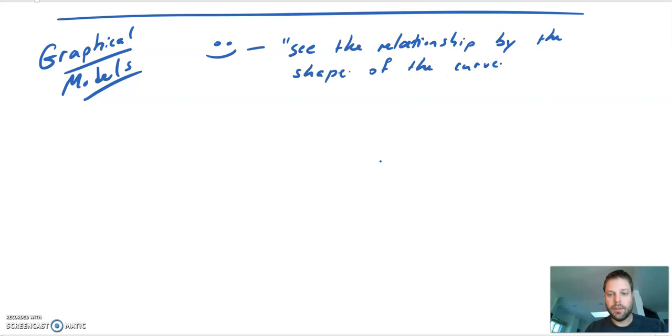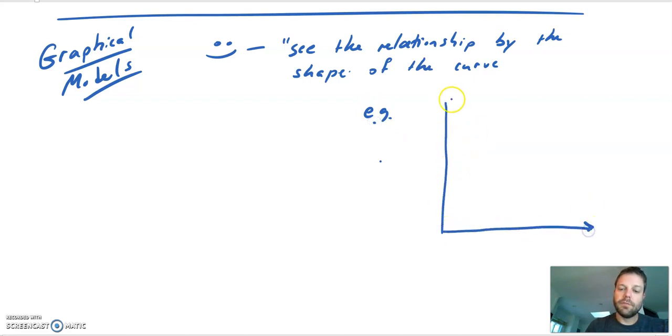So let's say we never even saw the table yet, and what you're seeing for the first time is the graph. So we're going to have distance traveled, that was in miles, and we had the volume of gas, and that was in gallons.